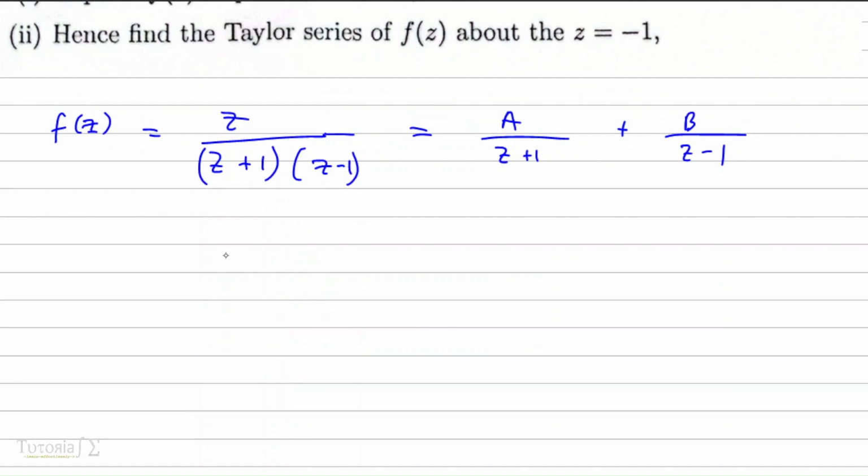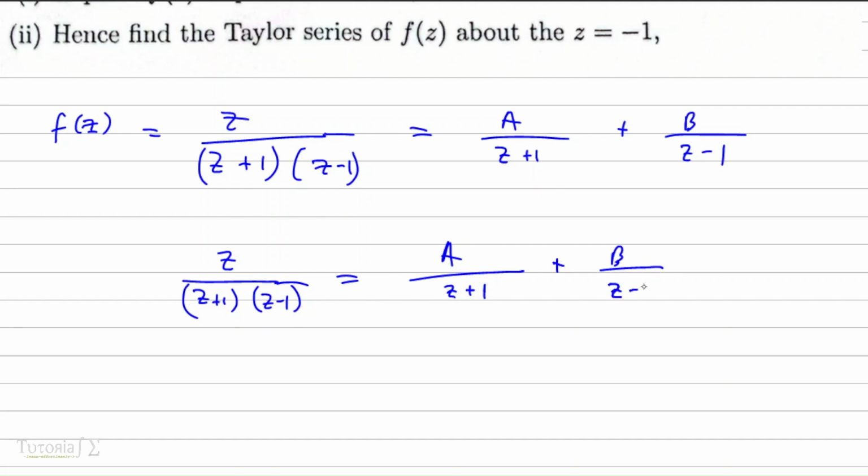So what we do is just say z over z plus 1 times z minus 1 should be equal to a over z plus 1, doesn't really matter the order, plus b over z minus 1.